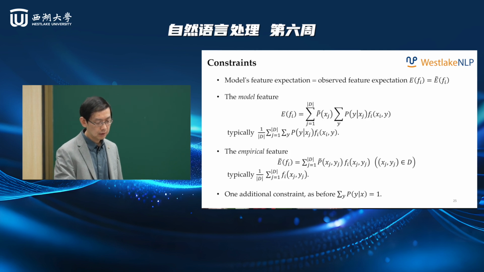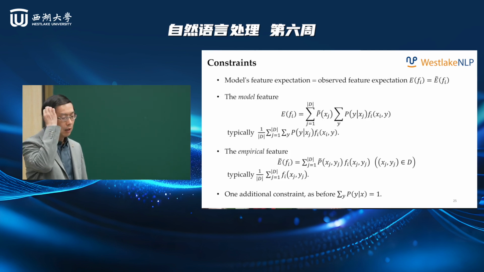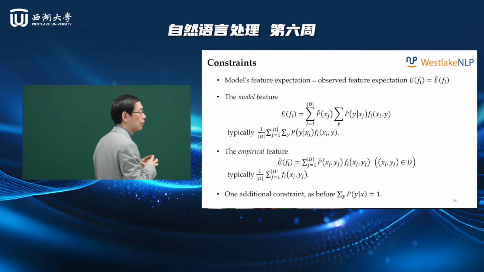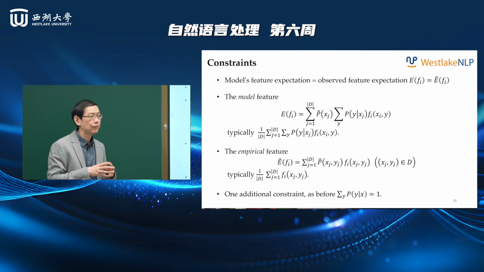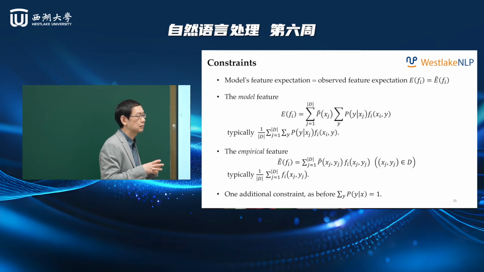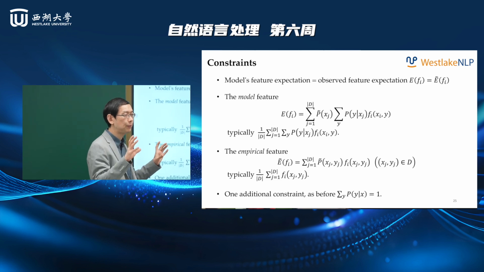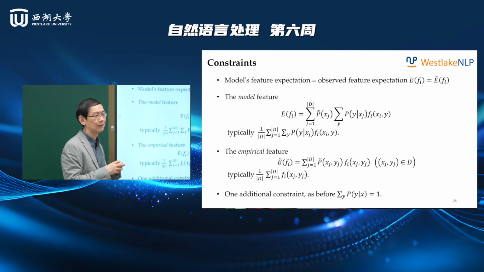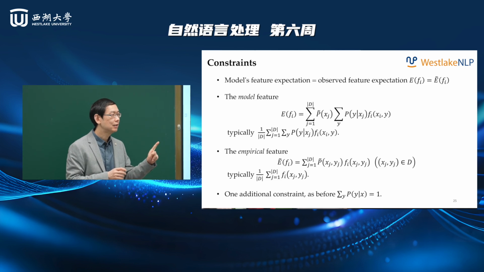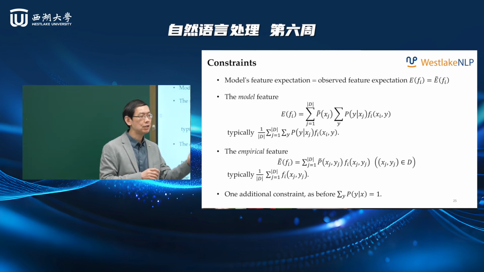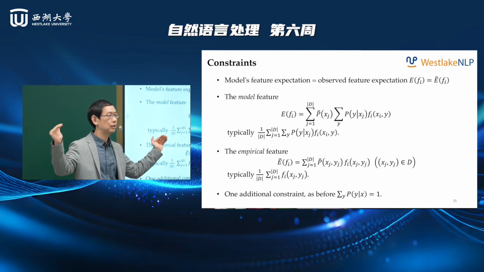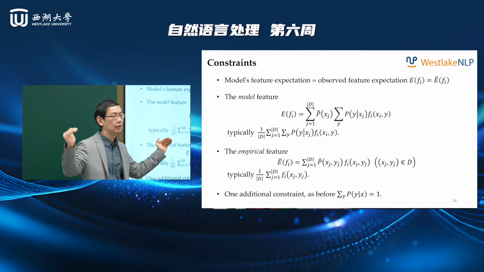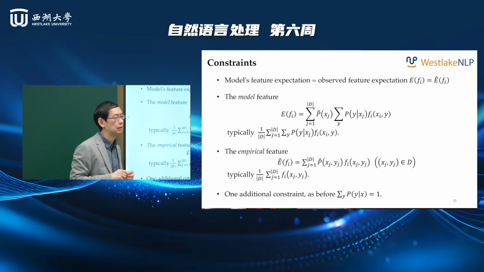Let me rephrase it, and my apologies. I'm not using one input-output pair as the unit, but I'm using every feature instance as the unit. The feature vector contains a lot of feature instances, so maybe we can look at every feature instance.